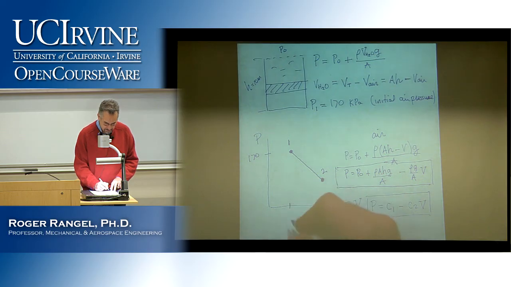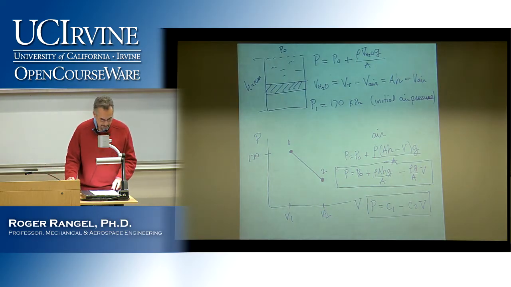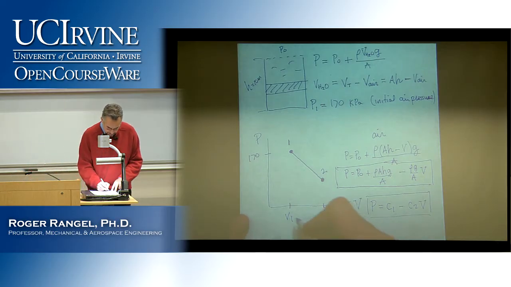So here is the initial volume, which was given, and here is the final volume when all the liquid is gone. The V1 that was given was 0.3.